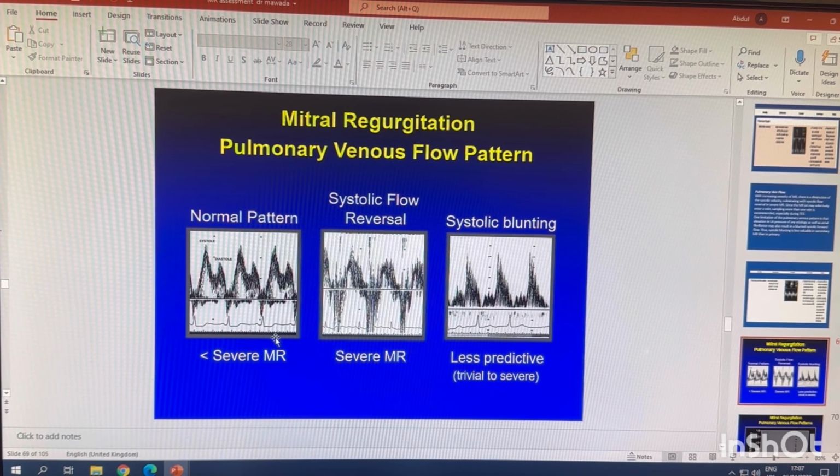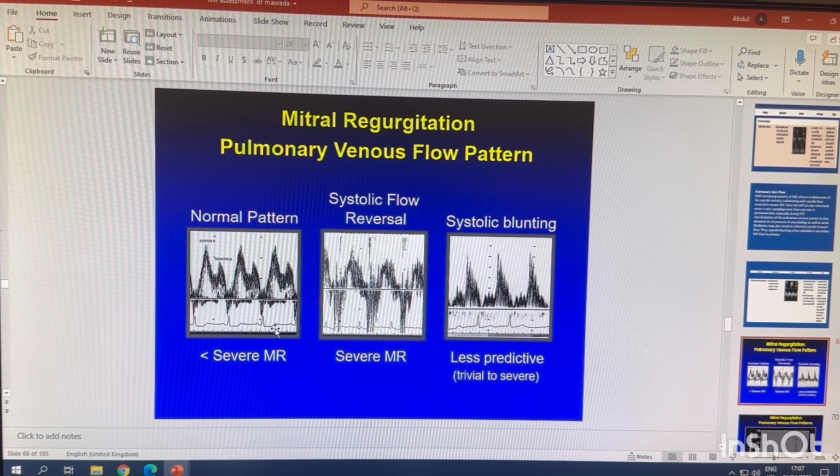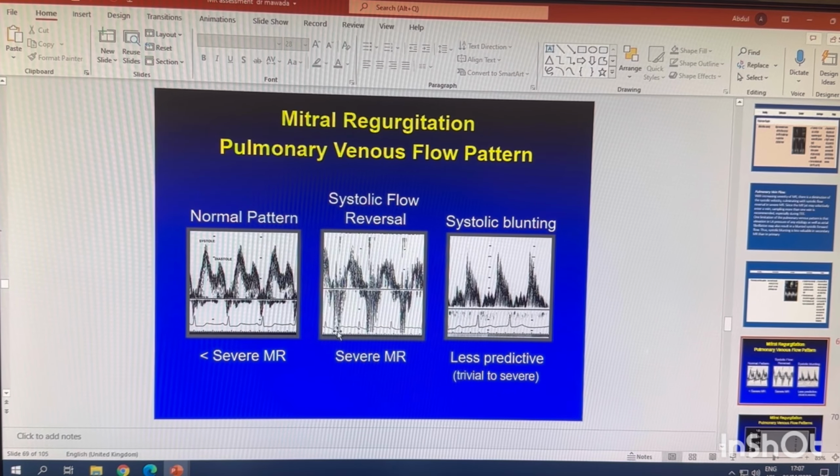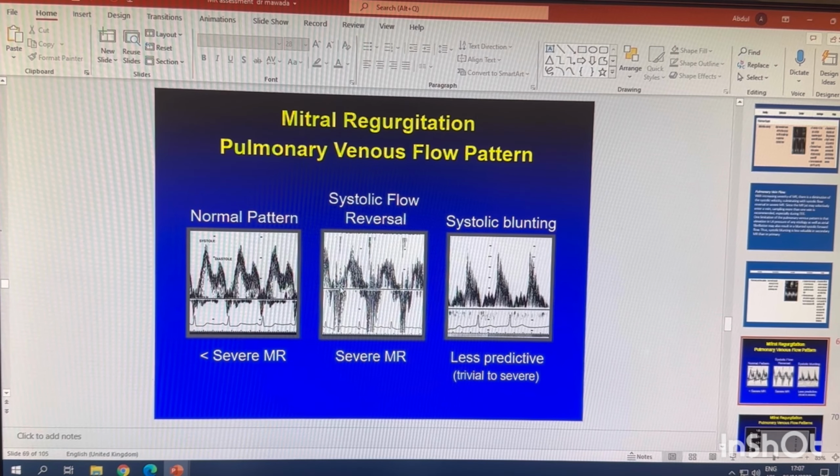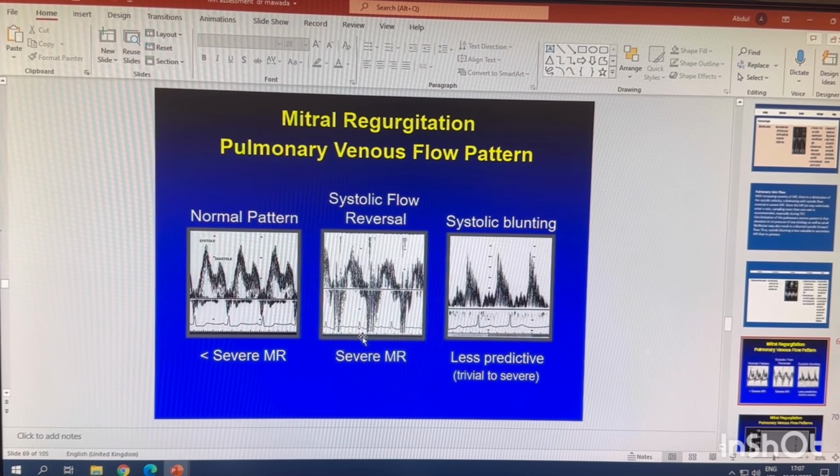As the regurgitation gets severe and the flow goes into the pulmonary vein, you are going to have this pattern, which is systolic flow reversal. You see, this is your systolic flow and it is reversed already, so it means this is severe mitral regurgitation. This is your diastolic flow. This is again systolic, which is systolic flow reversal. So you can mention in your report that systolic flow reversal is noted in pulmonary veins.